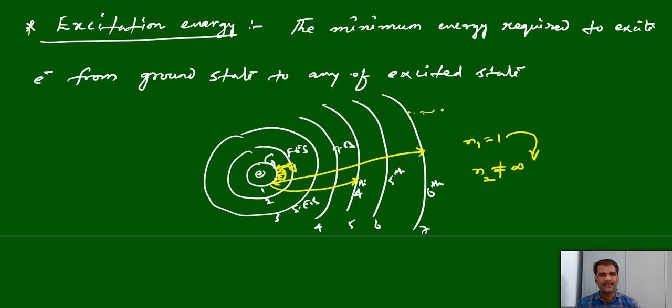So we have somewhere here the infinity shell, where n equal to infinity. If we transfer the electron from the ground state to this infinity state, in this case this excitation energy is called ionization energy. The definition is different. So excitation energy means you just excite the electron from the ground state to any of the excited states except the infinity state.